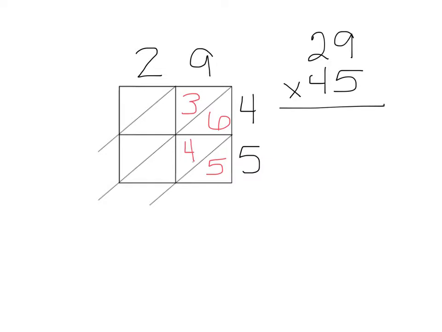2 times 4. Remember, you're going to write your 8, and there are no 10s, so you put a 0 there. And then 2 times 5 is 10. So now we're going to solve this part first, which of course is 5. Then we'll solve this section, which is 6 plus 4, 10.